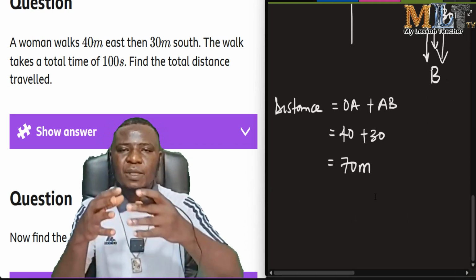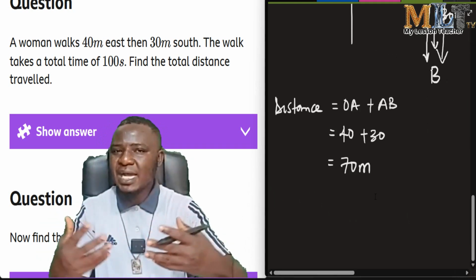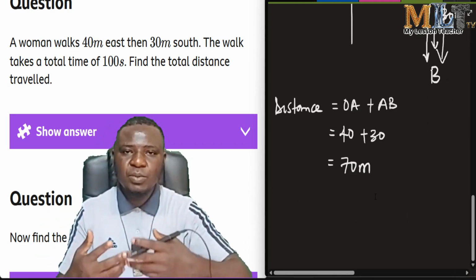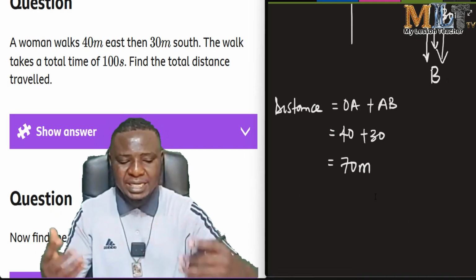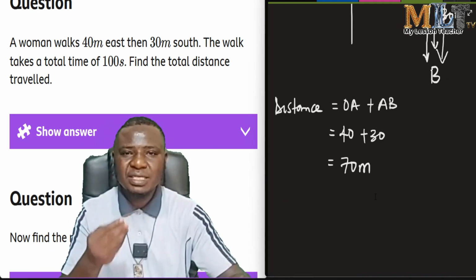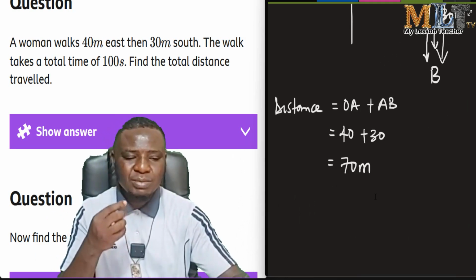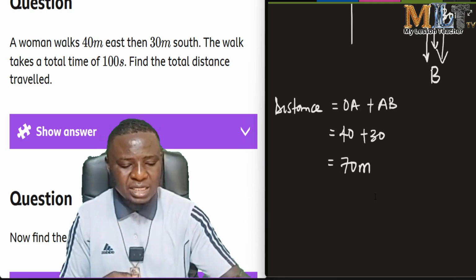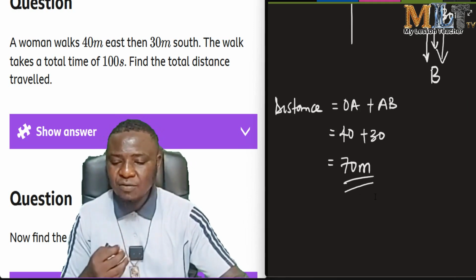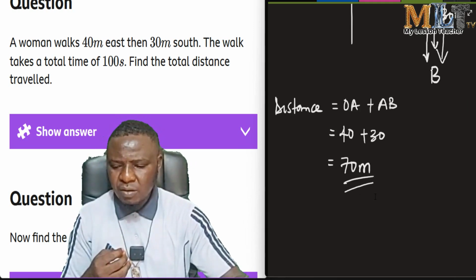Just like I said, scalar quantities can be added like the ordinary algebra we know, by adding them together, because they are of the same quantity. Since they are both in meters, the total distance traveled is 70 meters.